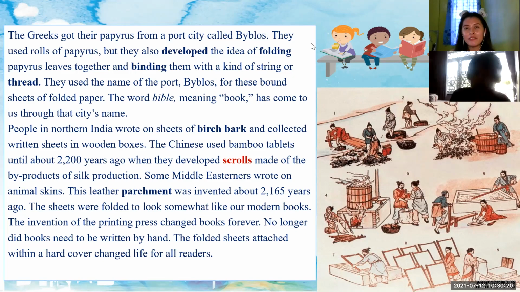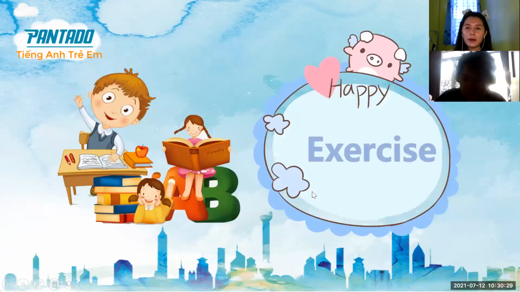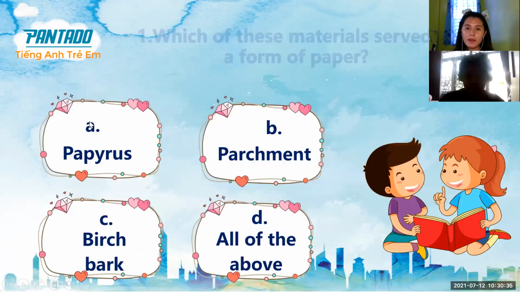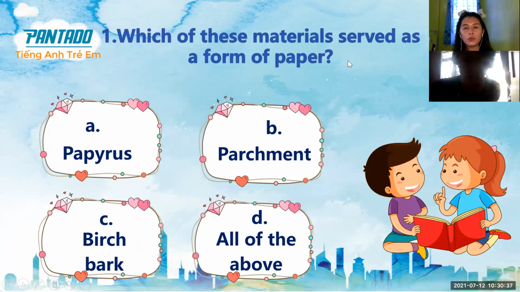Okay, then, do you have any question about that? I think no. Okay, you don't have questions. So this time, we have some exercise. Let's try to answer this one. Which of these materials serve as a form of paper?